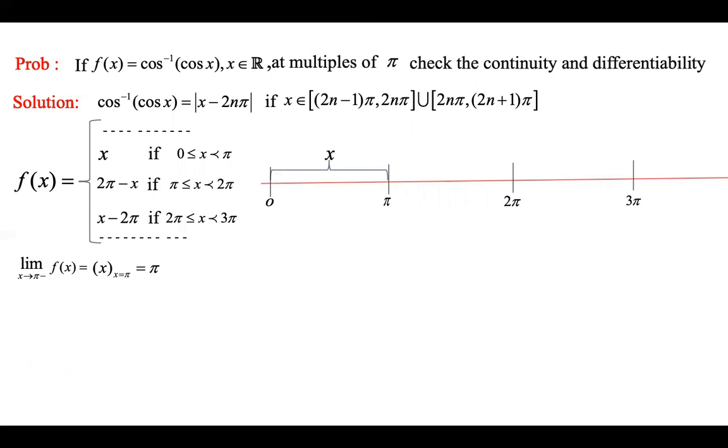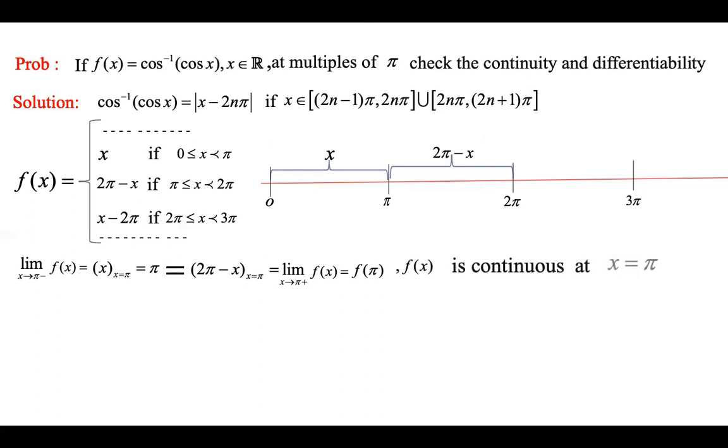That implies the left limit of the function at pi is pi, and the right limit at pi, the right side of pi, is defined by 2 pi minus x, evaluated at x equal to pi. That is 2 pi minus pi, again pi. Means the left limit at pi, the right limit at pi and the function value at pi, all three are equal. Therefore, it is continuous at x equal to pi.